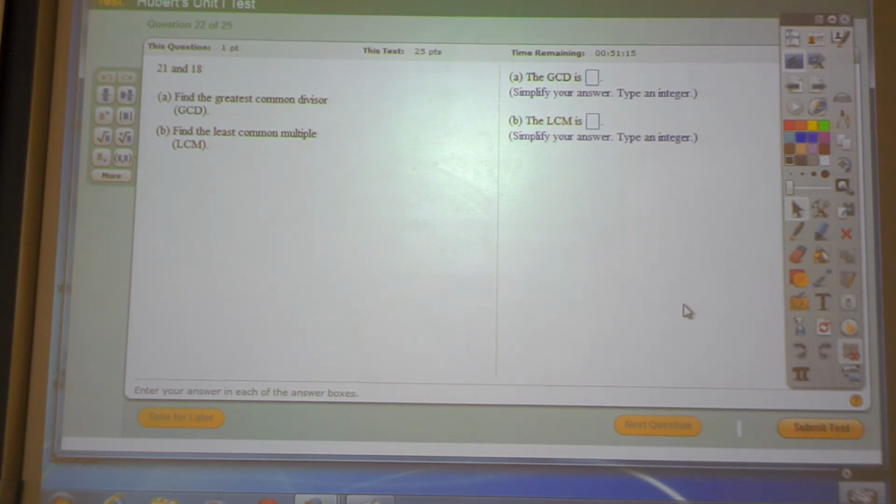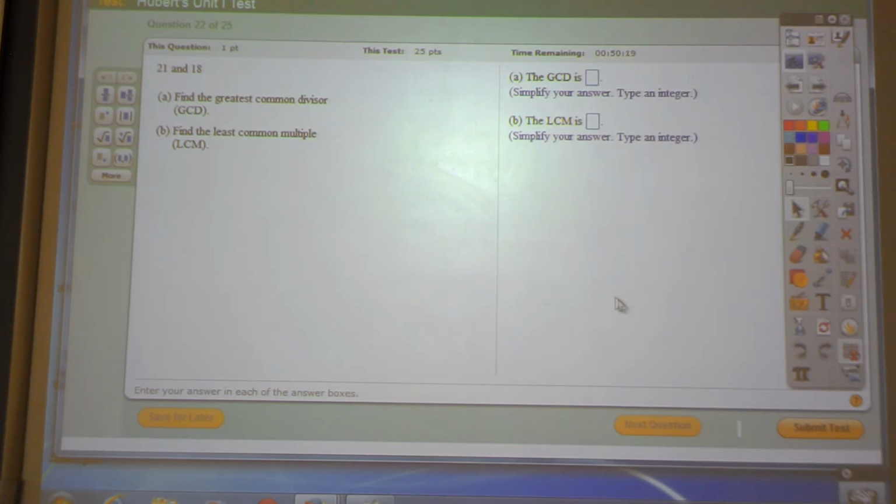Find the greatest common divisor and the least common multiple. I know 3 is about the biggest number that'll go into them, right?